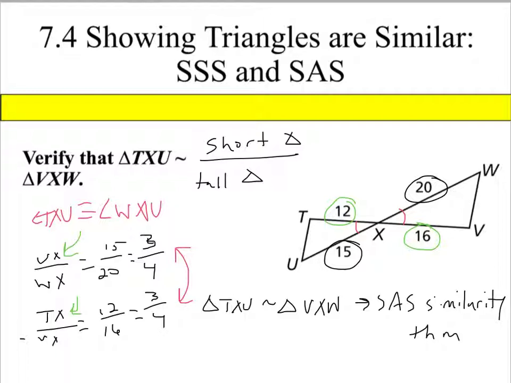We have two sides, bam, bam, and we have the included angle, bam. The two sides are proportional to the other two sides, and the included angles are congruent. Whammo.